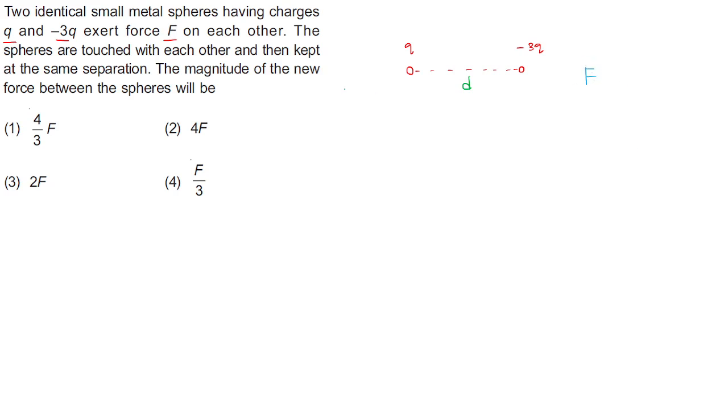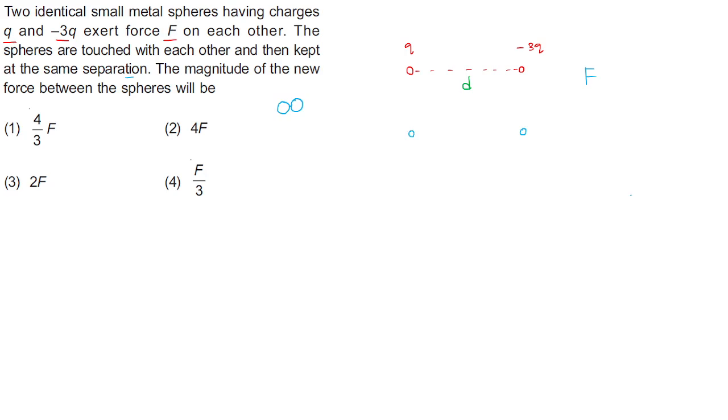The spheres are touched with each other and then kept at the same separation. So now we touch the two identical metal spheres, and then again we keep them at the same separation.